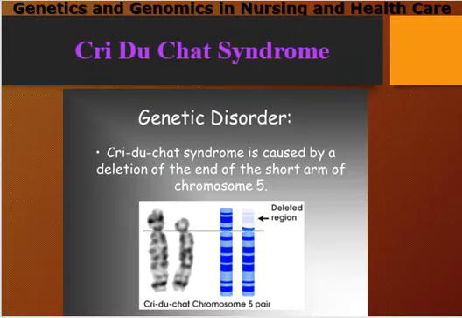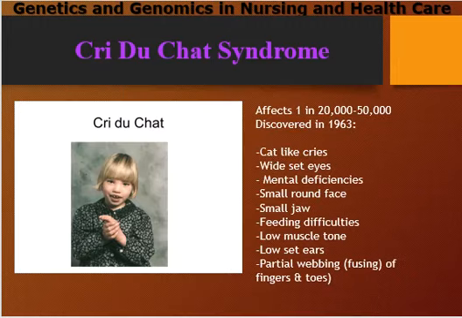Cri-du-Chat syndrome, that's French for cry of the cat. That is caused by a deletion of the end of the short arm of chromosome 5. It affects 1 in 20,000 to 50,000, discovered in 1963, so not too terribly long ago.